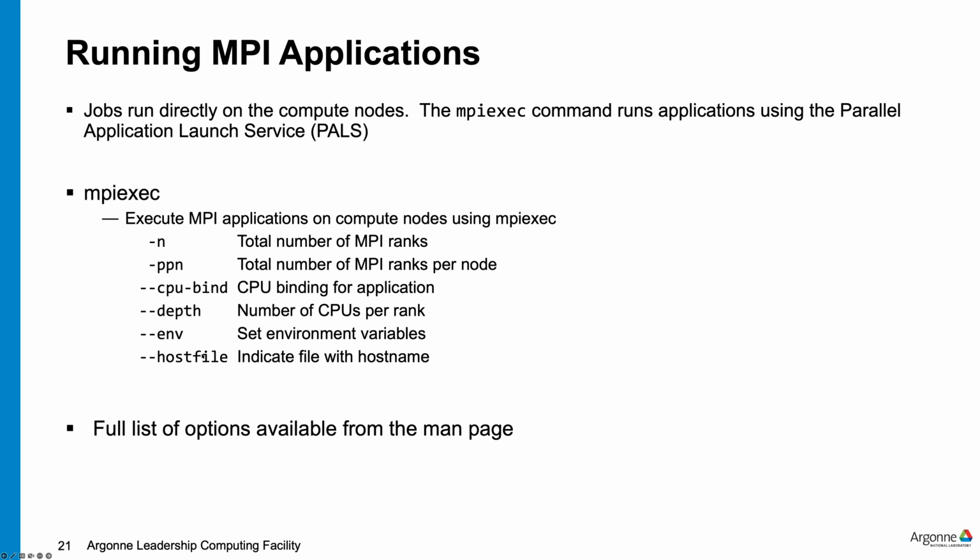So if you're looking for a specific argument, I suggest doing a man mpiexec or mpiexec --help and looking at the specifics because there could be some slight differences. Again, Scott has examples of these, but some key parameters are setting the CPU bind if you want to try to bind threads to cores, and then setting the depth for how many cores each rank is going to be allocated.